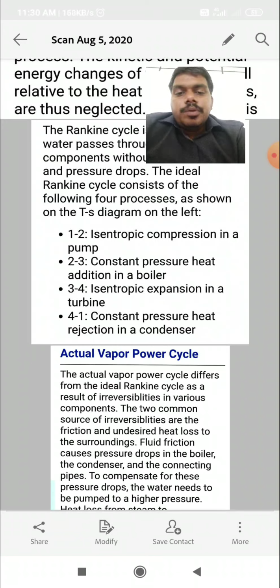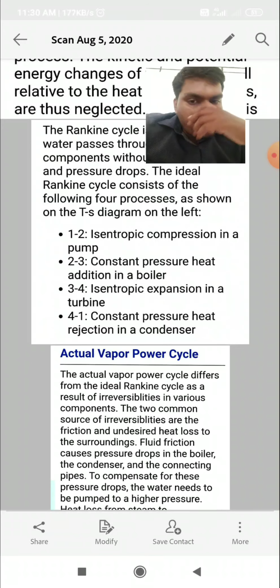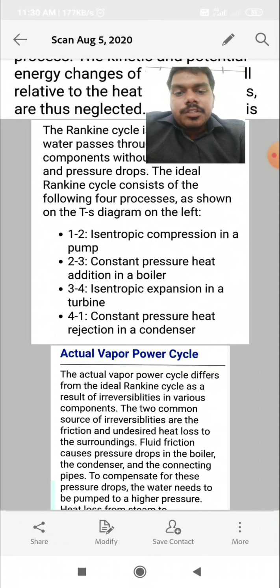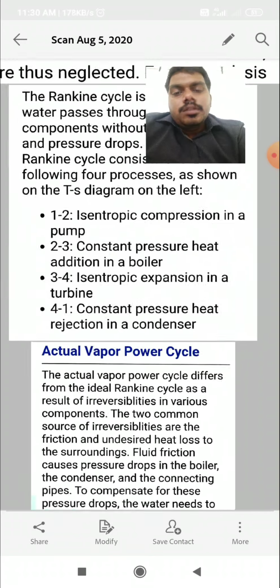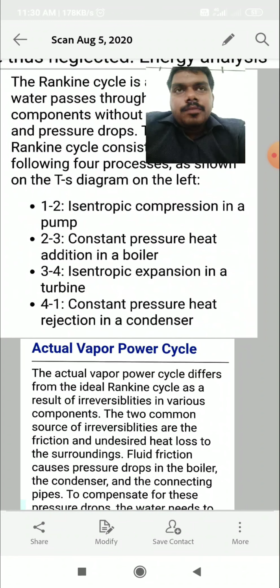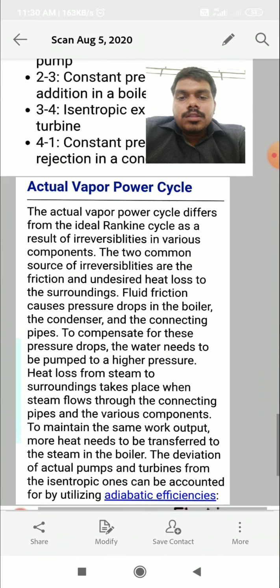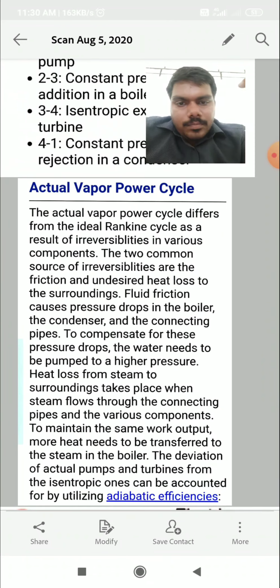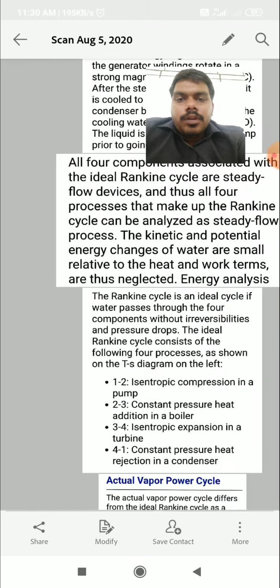Then isentropic expansion in the turbine, where the pressurized steam is expanded. That is 3 to 4. Then 4 to 1 is the constant pressure heat rejection. The superheated steam after passing through the turbine is condensed in the condenser. So these are the steps. Okay, so the Rankine cycle is done.